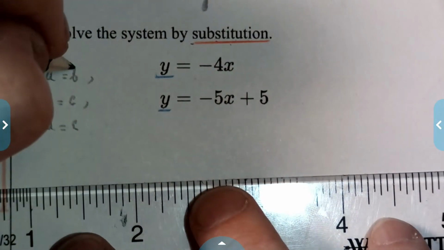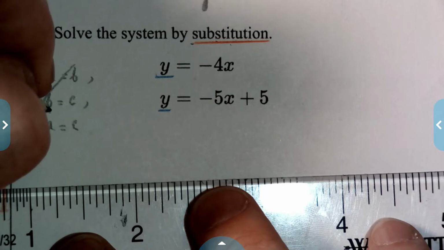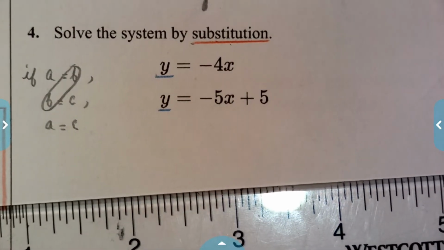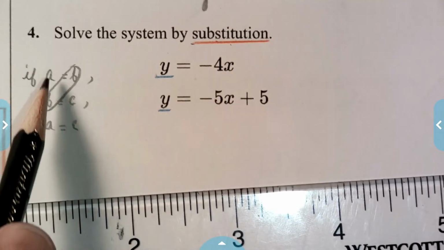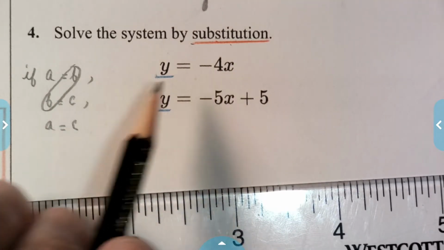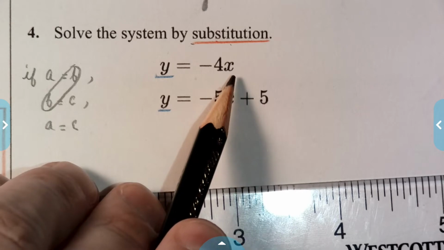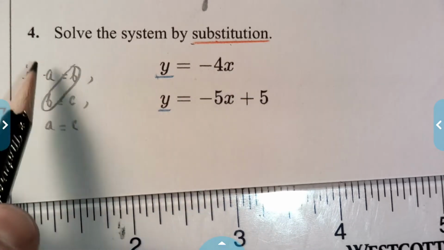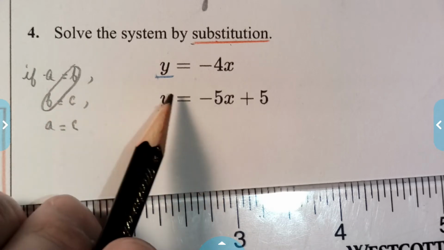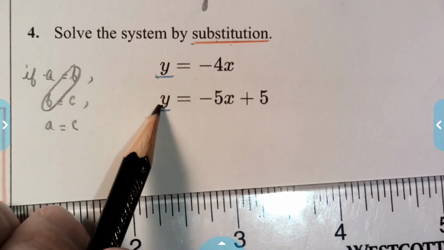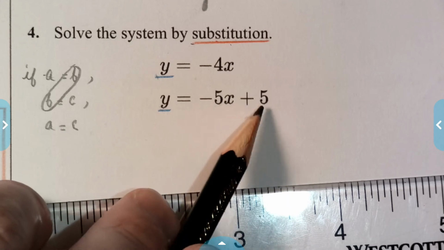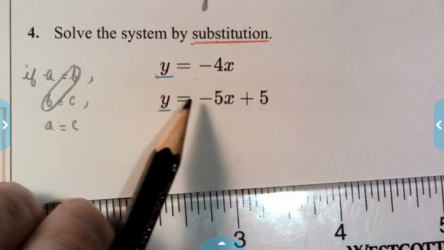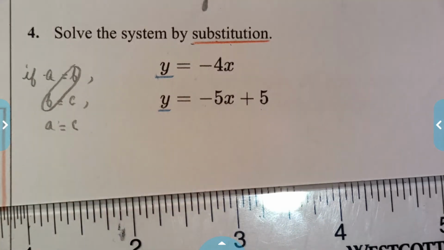And the thing that you're getting rid of here is the B. Right, so here's what I'm saying. And using the same rationale, if negative 4x equals y, so negative 4x being A, y being B, and y equals negative 5x plus 5, then negative 4x equals negative 5x plus 5.